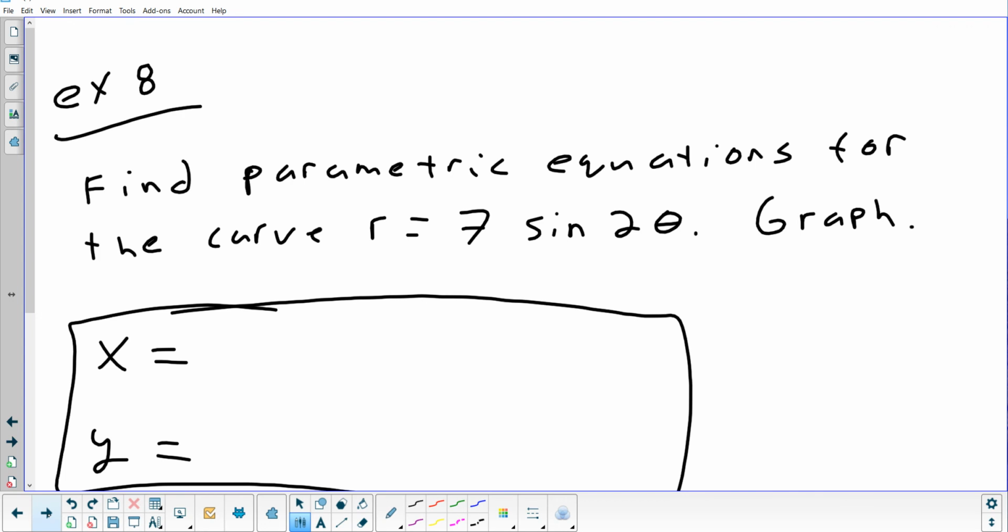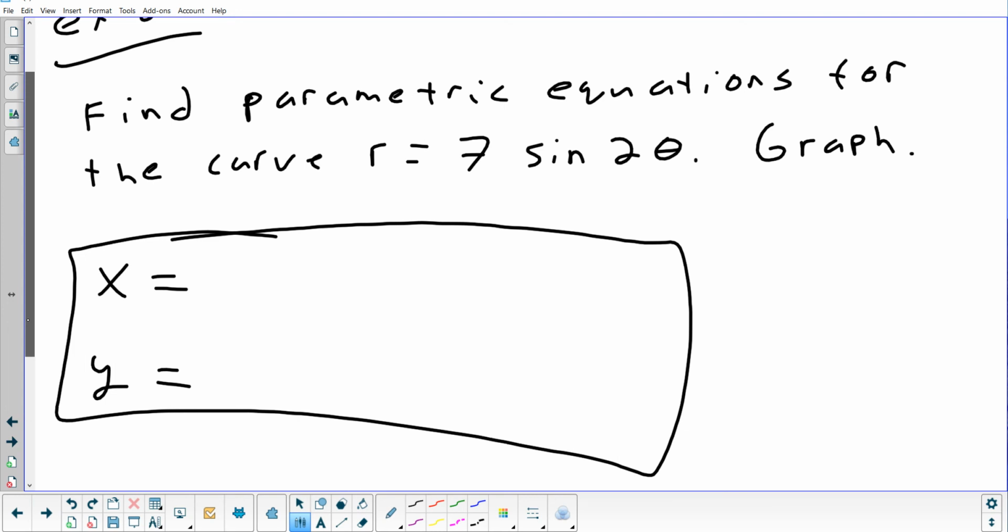So, what did they give me for the formula for the radius? 7 sine 2 theta. So that's going to go in each of these spots.